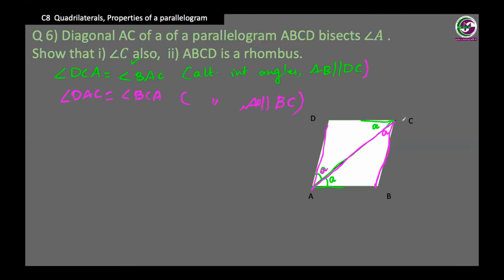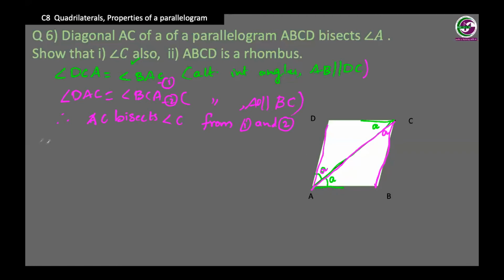So it's clear that AC bisects angle C because both of them are equal. Let's call these equation 1 and equation 2. From 1 and 2. Next, we have to show that ABCD is a rhombus.